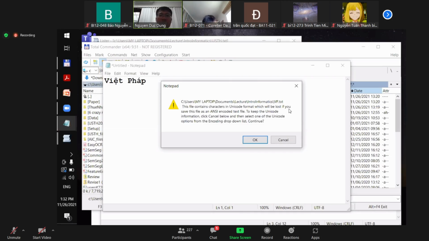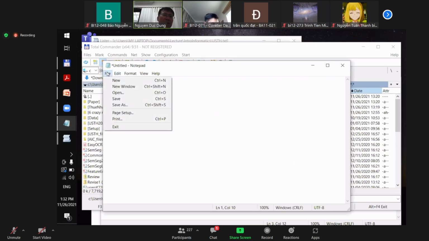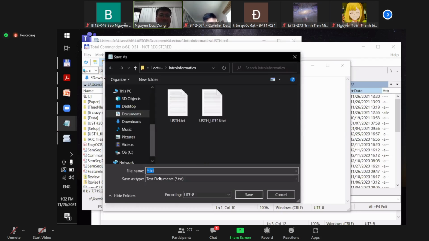To keep the Unicode information, click Cancel below and then select one of the Unicode options. Okay, so it warns. I insist the program write it.